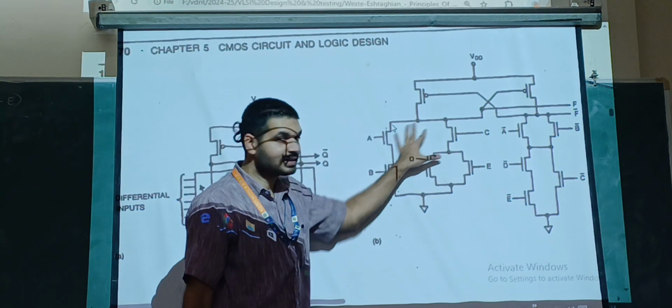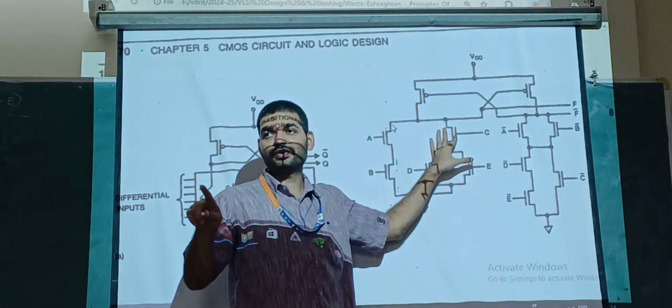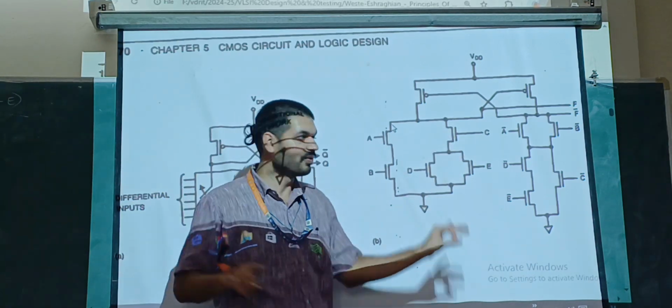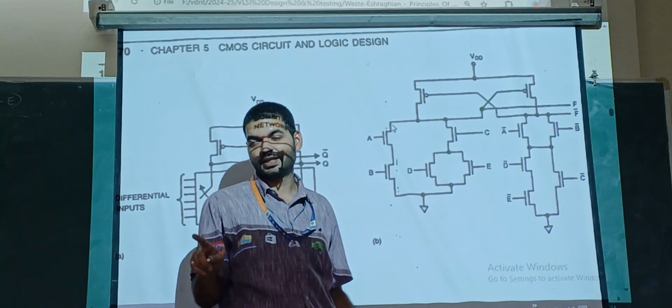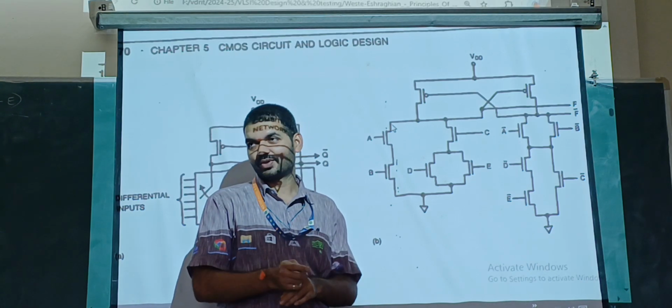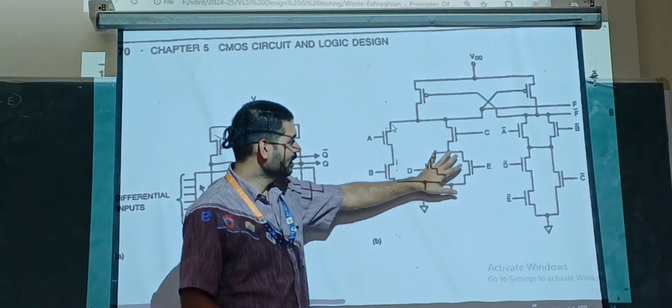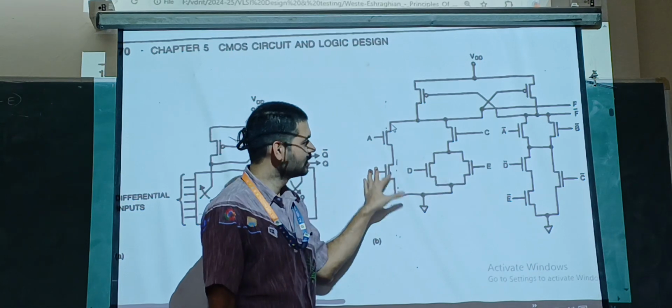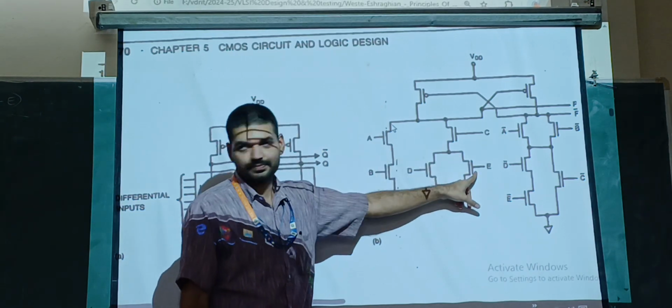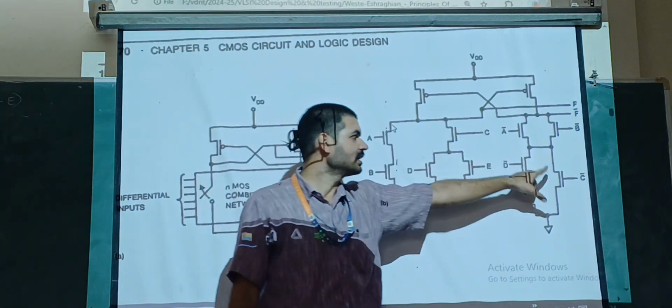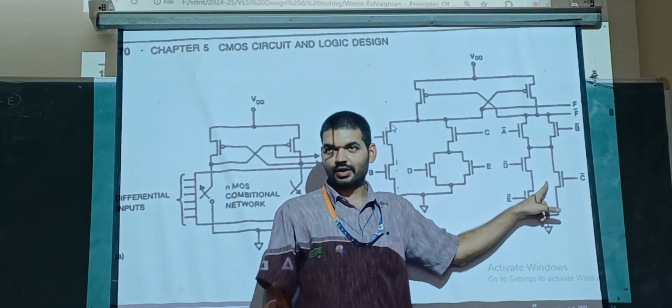See, initially I had expected taking the example of all ones, ABCD all ones, as we explained. Now take zeros. So if ABCD are all zeros, then these MOSFETs are off. What about this side? All are on.